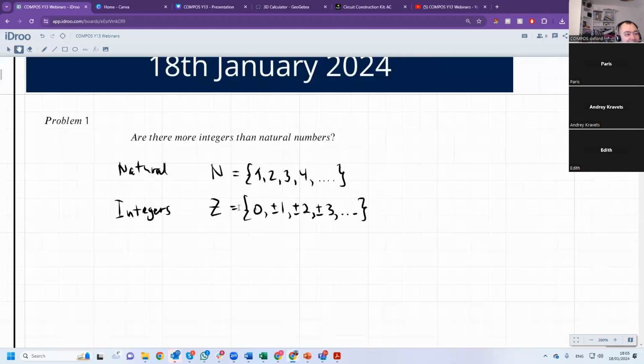still, the question stands: are they the same? Is it the same number, or are there more integers than natural numbers? How do we even begin? How do we know if they are the same or if there's more of one? Does anyone know?